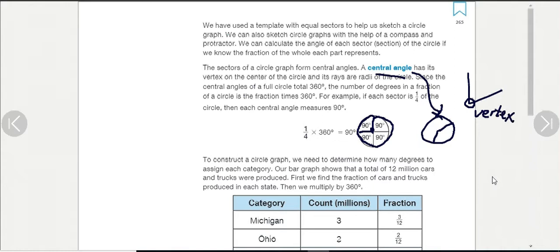Pretty much anytime we cut a nice piece of a pie out, that's an angle. That would be central here. And the central angles of a full circle always total 360 degrees. A circle is 360 degrees all the way around. On a protractor, if you thought about it, it's 180 to get to half.